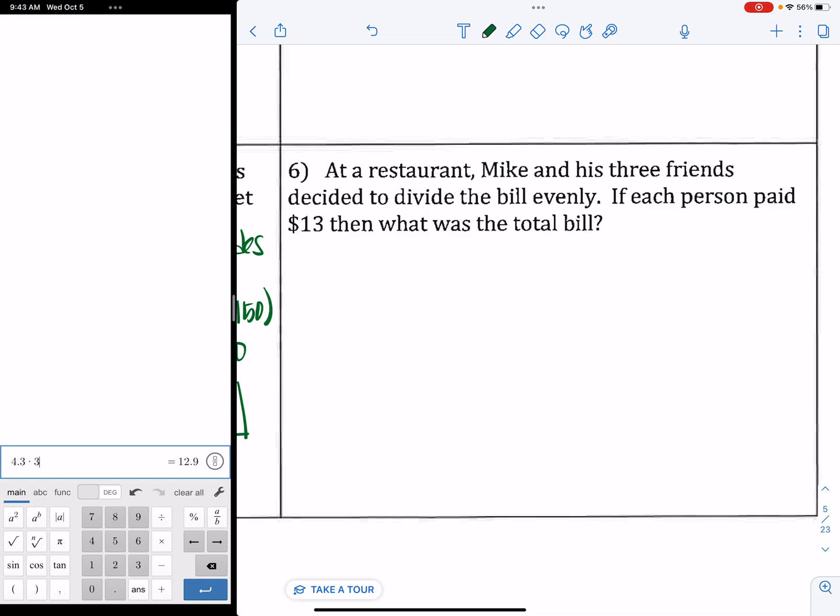The last one, Mike and his 3 friends decided to divide a bill evenly. If each person paid $13, what was the total bill? So Mike and his 3 friends. That tells me that there are 4 people total.